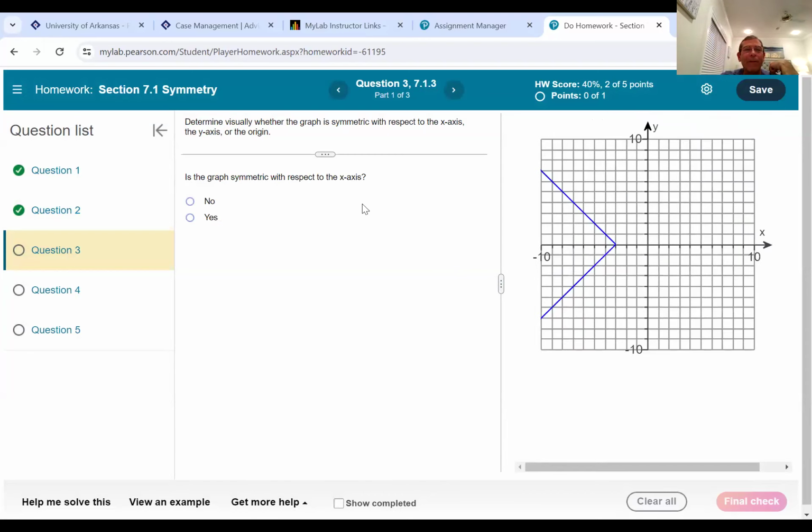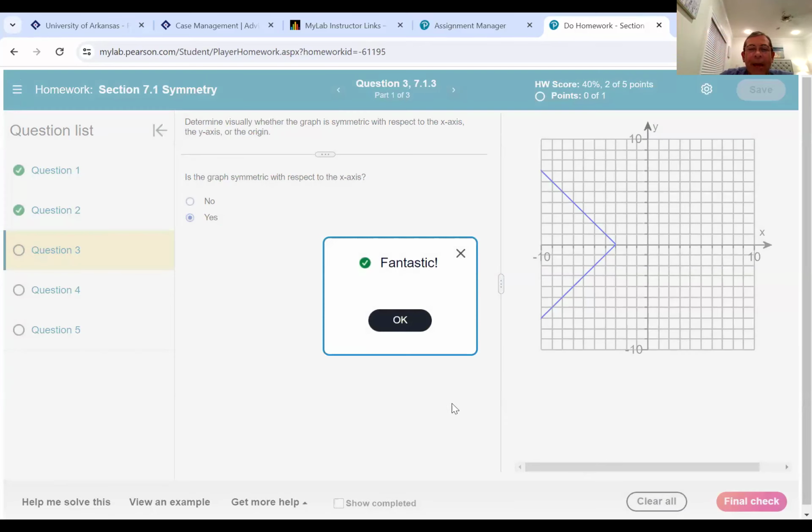All righty. Same question, y'all. Is this graph symmetric to the x-axis? They're asking us first. Yes, because that x-axis cuts it in half, remember? And that top half will fold down onto the bottom. So good job, you check that one.